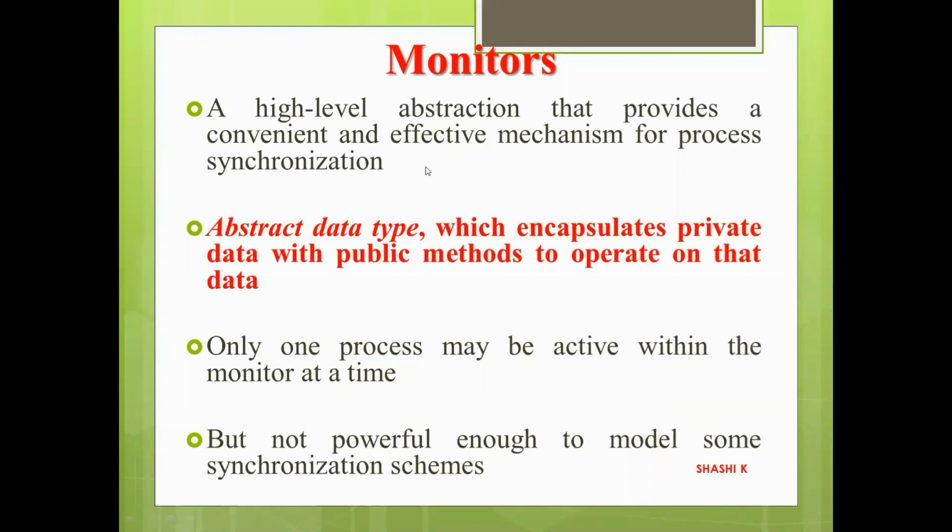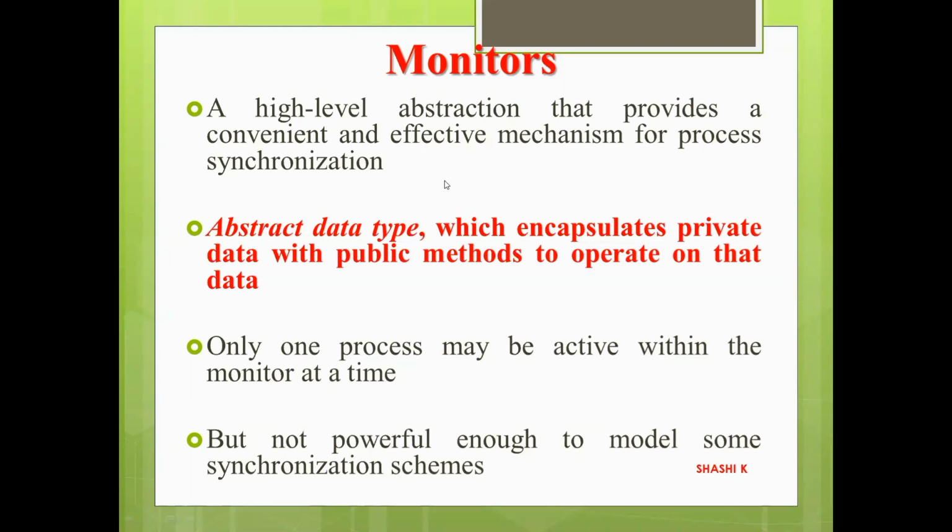So in order to provide a deadlock-free solution to many common classic problems of synchronization, the concept of monitors has been proposed. Now what is a monitor? A monitor is basically a high-level abstraction concept which is used to provide process synchronization.